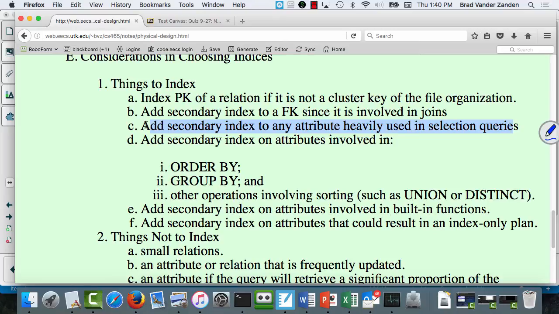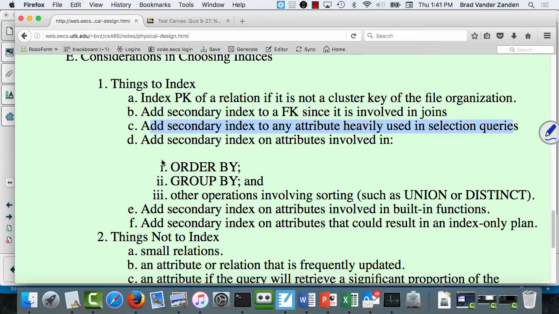Let's say age was in the database. I don't think you would get a lot of point queries on age. It will come up occasionally, but I wouldn't think someone would search a lot on age. So you might not use age heavily in selection queries, and so you might not end up indexing age.